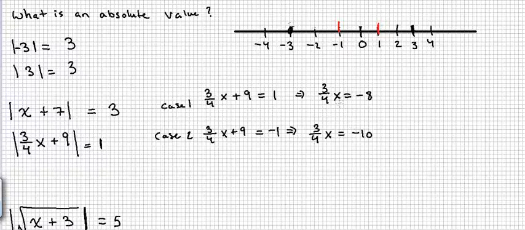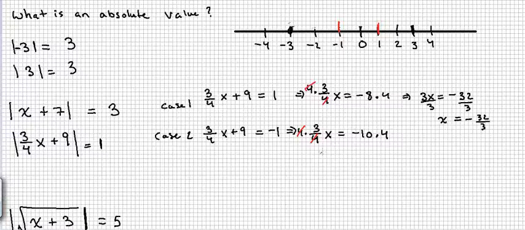Now we're going to multiply both sides by 4, and I'm going to solve case 1 and 2 at the same time. This is going to be 3x equals negative 32. Now let's divide this out by 3. So we get a final answer of x is equal to negative 32/3.